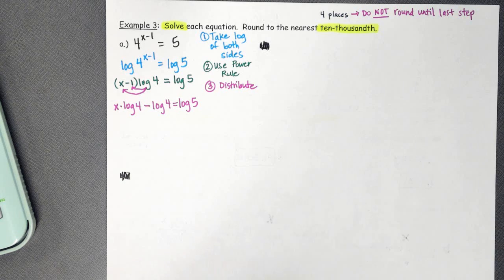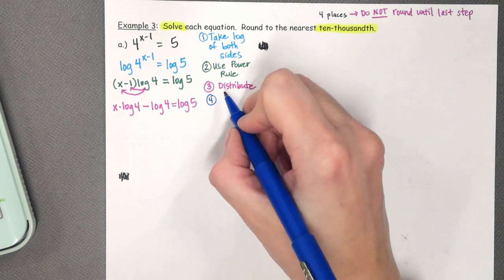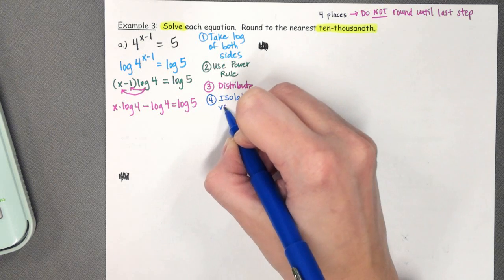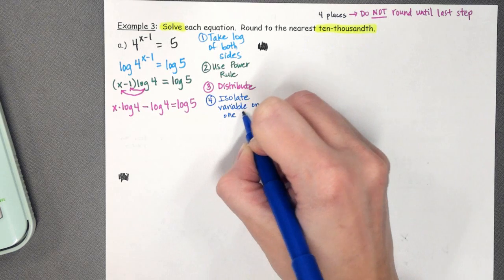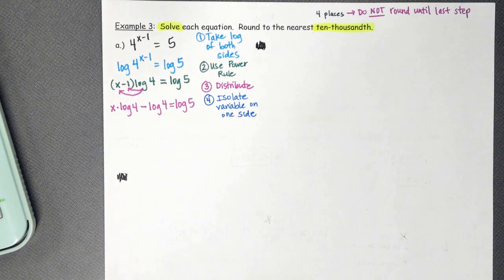Okay, now what we're going to do is get all of the variables on one side alone. So if there's not a variable with it, we're going to move it. So isolate the variable on one side. So this one you only have one variable.